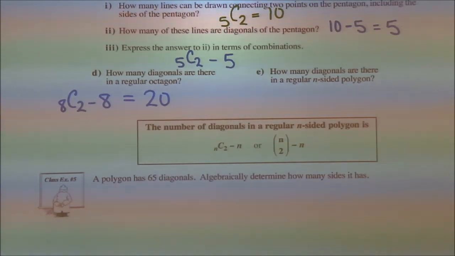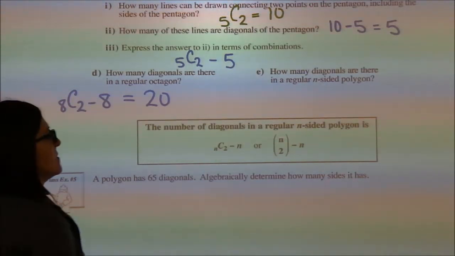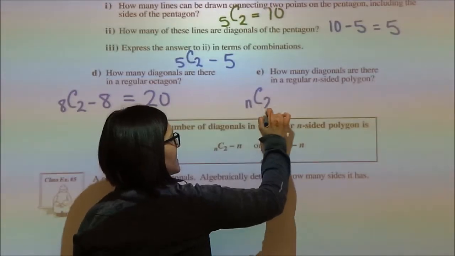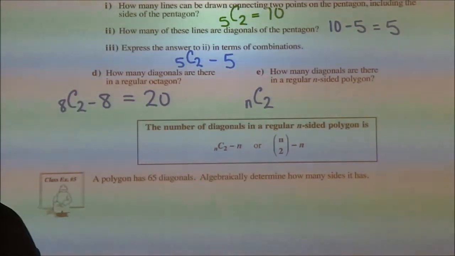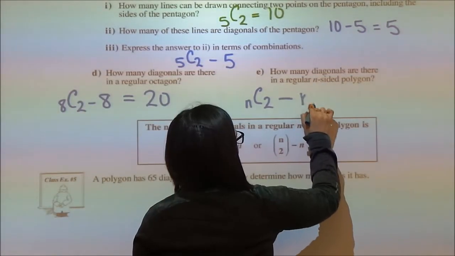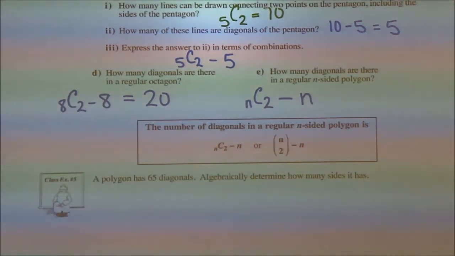So if I had an n-sided polygon, to figure out the diagonals, it would be nC2, the number of sides of the polygon, picking 2 at a time, and then removing the outside lines. That would leave me with just the diagonals.